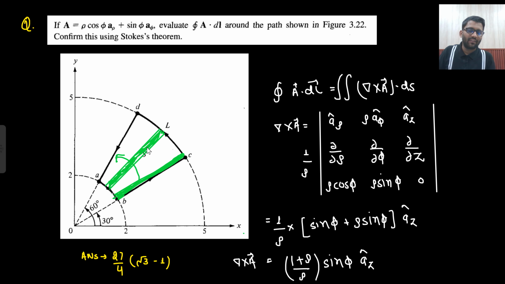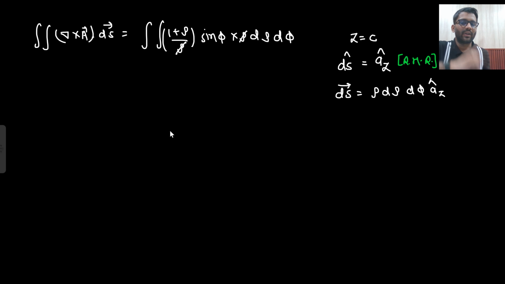Someone would say, sir, I will sweep the strip in this direction, so my phi will change from 60 to 30 degree. But you will always write from decreasing to increasing. Lower limit you will always write down first. So from 30 to 60 you will write down. Are you getting this point? A very important point. I will always write from decreasing to increasing, from 30 to 60 degree.